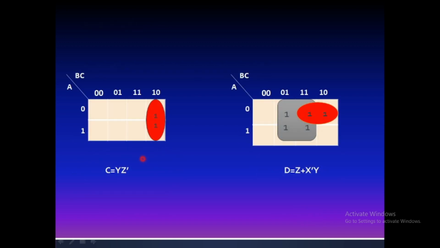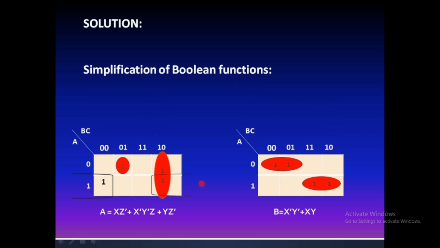Going to my next function C, I get a single group with the expression y z bar. Finally, my D function gives two groups: one group with four ones, which gives the expression z, and a second group giving x bar y. So we have simplified our Boolean functions using our Karnaugh map.